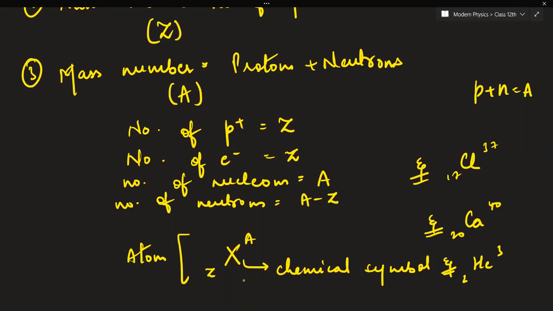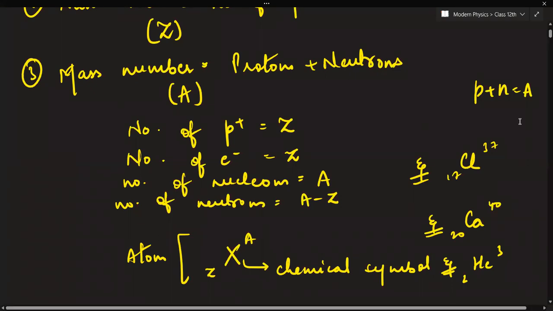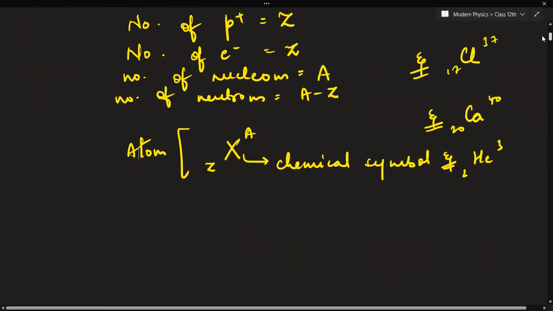Now here you have the concept of isotopes, isobars, isotones, and isomers. All these are involved in chemistry, but in physics, in some questions, you can get a question where it is mentioned that 2 isotones are given, and this is the data. So from the question only, you have to identify what is given.